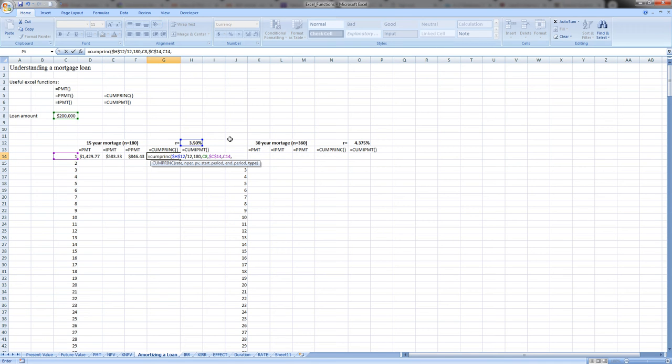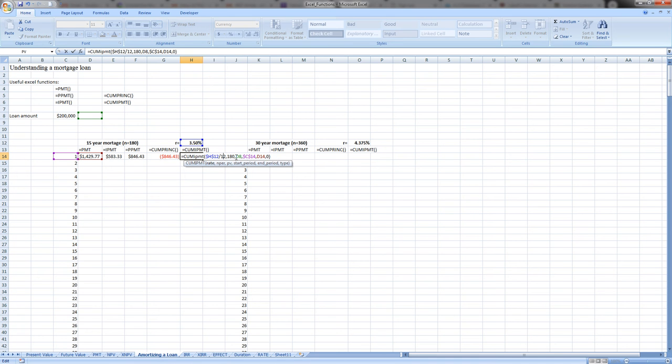And so if we just put a close bracket here and we hit enter, we'll see that this doesn't work. So we need to type a 0 value. And all of a sudden it works. We can just copy this over to cumulative IPMT.